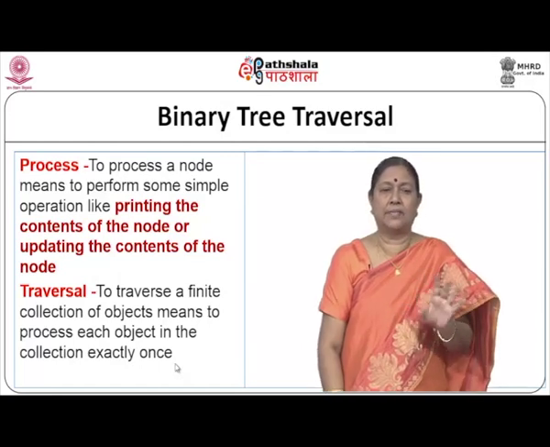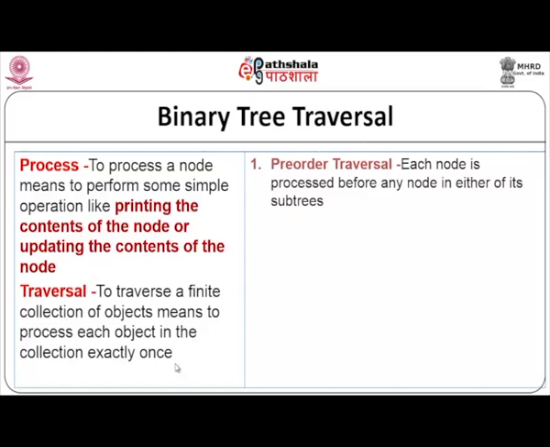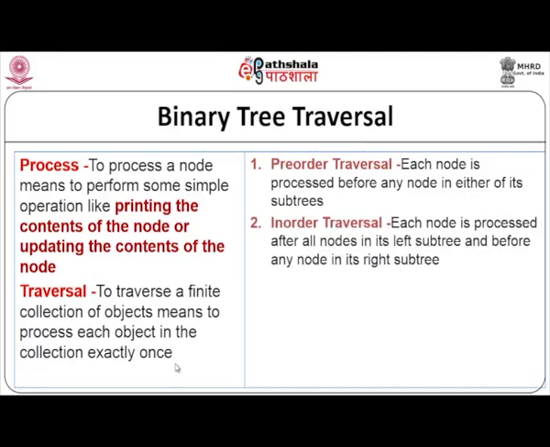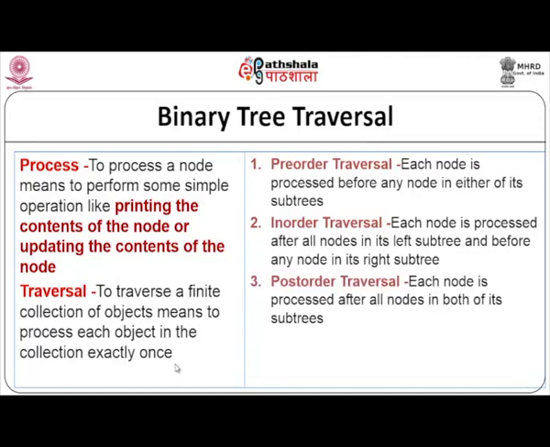In pre-order traversal, each node is processed before any node in either of its subtrees. In order, each node is processed after all the nodes in the left subtree are processed and before the right subtree is processed. Please note the definition is different because we are talking about left and right subtrees.